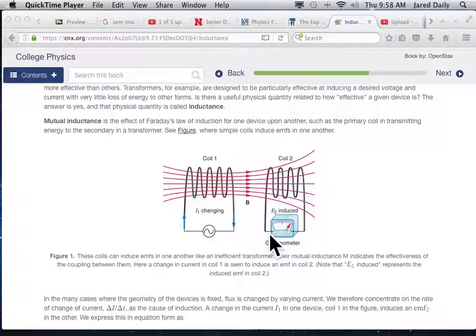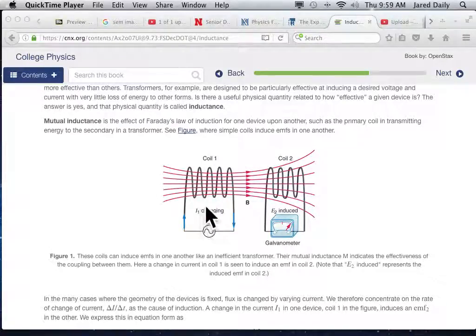But that detection is happening because of an induced current in this coil over here. When this coil has an induced current, it will create a magnetic field. That magnetic field will be felt by the first coil, which will change the current in it, which will change the magnetic field, which will create a new induced current.